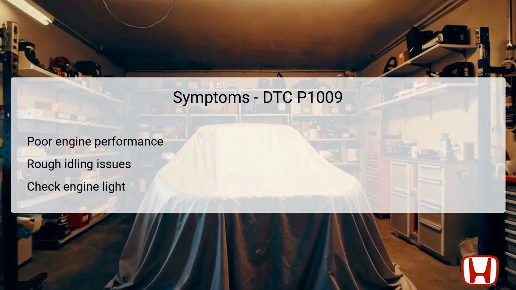Additionally, the check engine light may illuminate, alerting the driver to a malfunction within the engine management system. If these symptoms are present, it is essential to conduct a thorough diagnostic to determine if DTC P1009 is indeed the cause. Addressing these symptoms promptly can prevent further damage to engine components and maintain optimal performance.